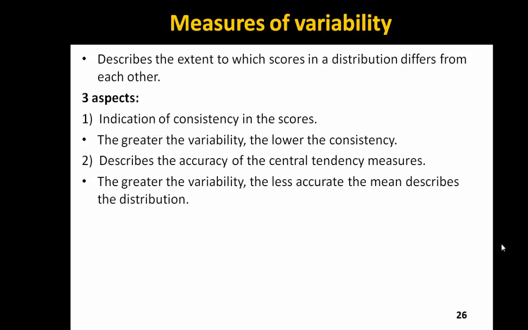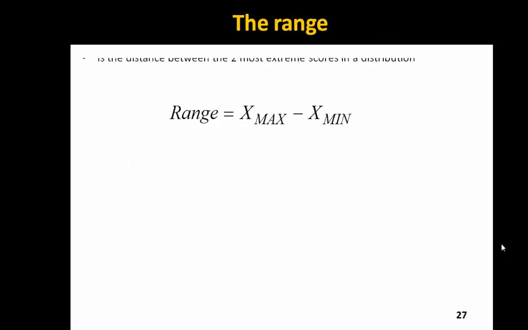The greater the variability, the less accurately the mean will describe the entire sample or distribution. And the third is that it provides a very important measure of how spread out a distribution is. There are a number of ways to quantify variability.